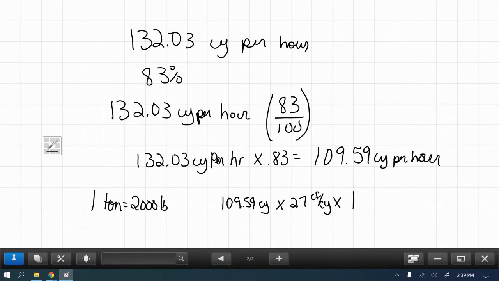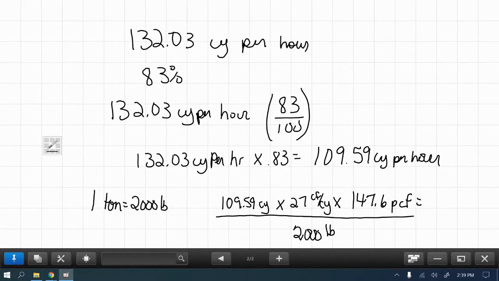My density is what? 147.6. Yes. That's pounds per cubic foot. I think it wants the answer in tons, so let me make sure I got all my units correct.